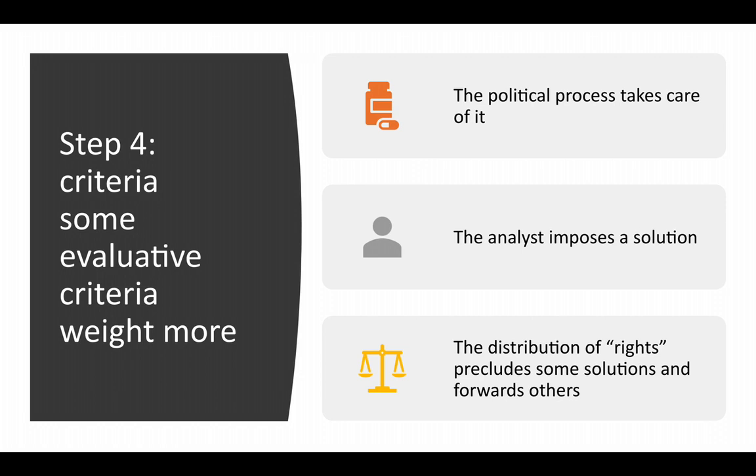Well, the other issue is the analysis, right? If you are a policy expert, then you can impose a solution. Say, okay, that should be weighted more based on a set of reasons. And the distribution of rights precludes some solutions and forwards the others. Now, remember this. In this world, there are very different political systems.